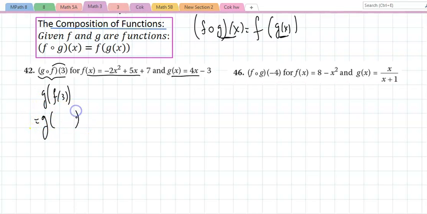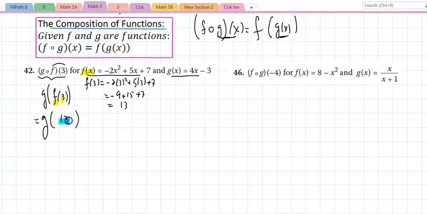The first y value is saying, if x equals 3, what does y equal? Which y? This y. So if I go to this problem and say, what does y equal if x equals 3? Negative 2 times 3 squared, plus 5 times 3 plus 7. That is negative 18 plus 15 plus 7, which is 4. And now what is it saying?